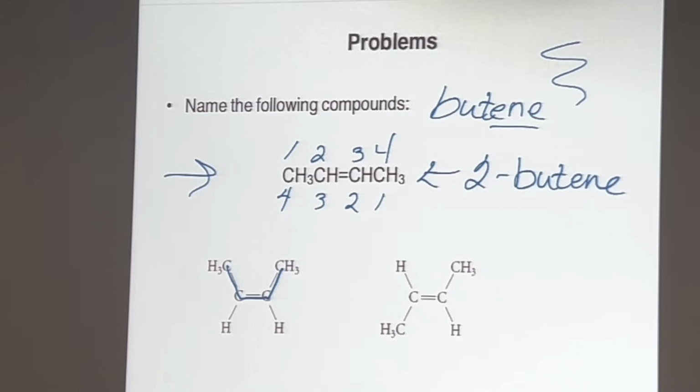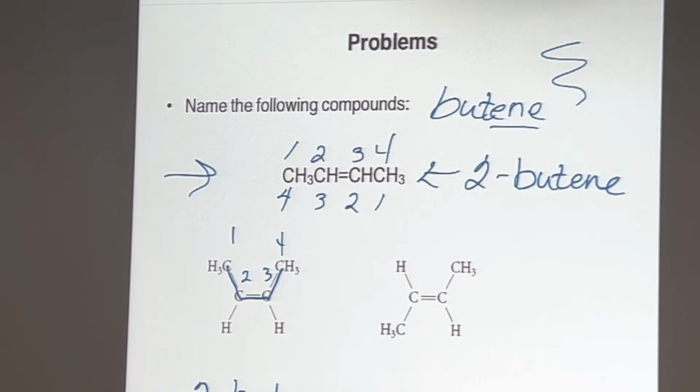Do you see that, folks? Okay. So does it matter which way we number this one, left to right or right to left? No. So 1, 2, 3, 4. We could have gone the other way also, right? This one will be called what? This one is also 2-butene.